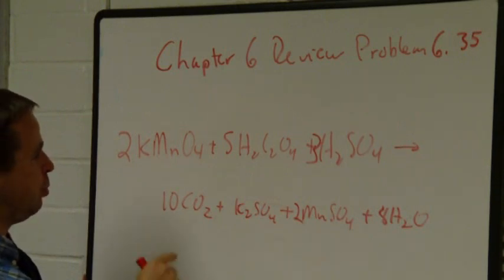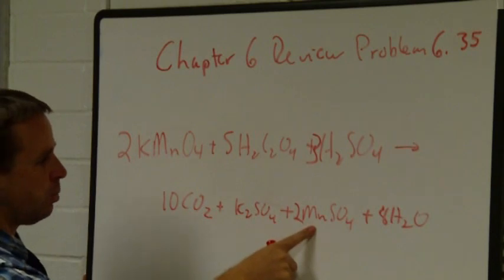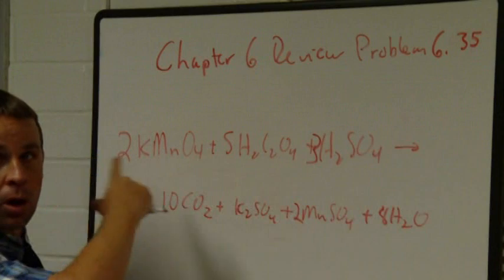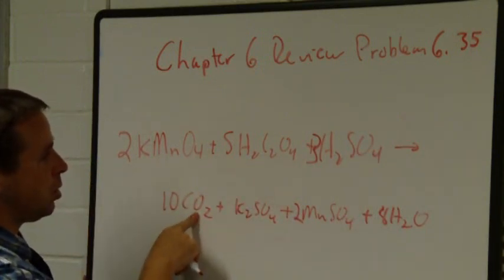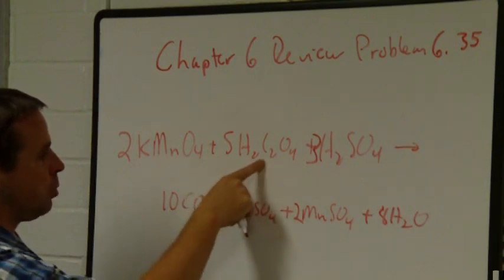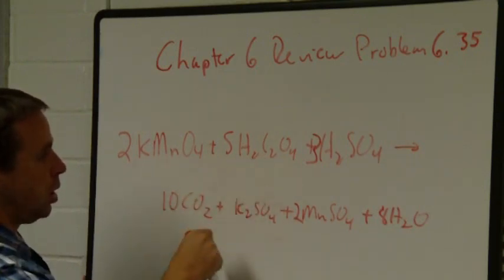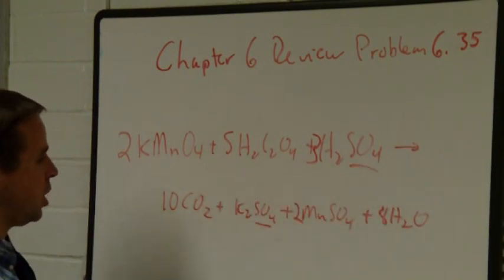The manganese here, however, is in a polyatomic ion here, and then it's in an ionic compound here, so it's probably manganese. Now, we can go through and check them all, but I'm trying to save ourselves some time. Oxygen here, it might be changing there. Carbon, though, I would bet the carbon's changing. The sulfate isn't changing. It's the sulfate here, the sulfate there. It's not changing oxidation state.